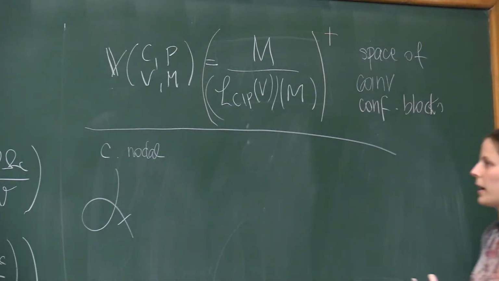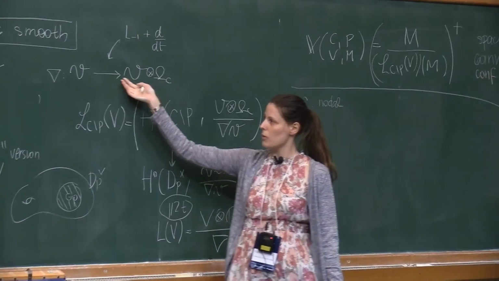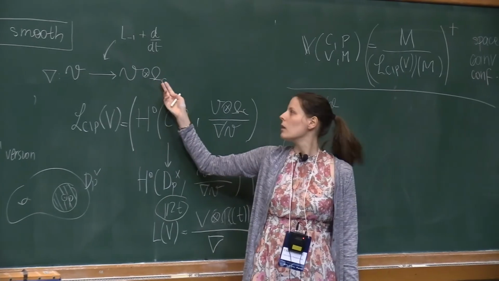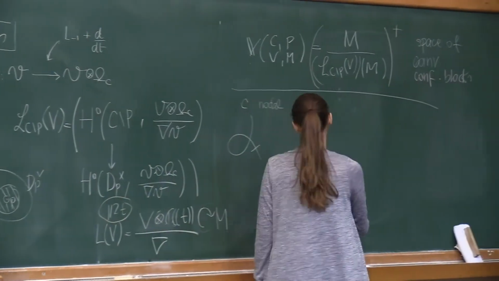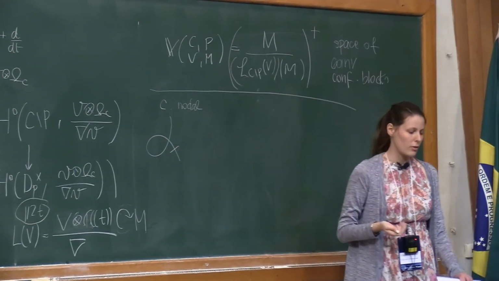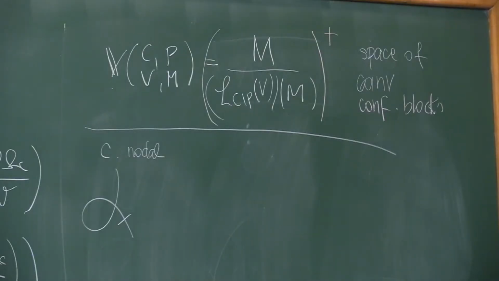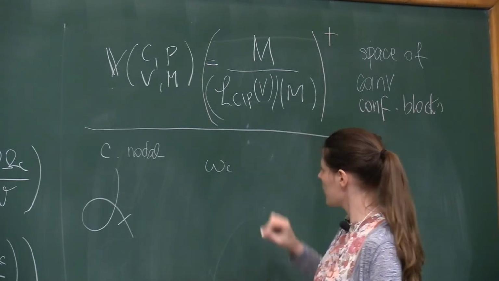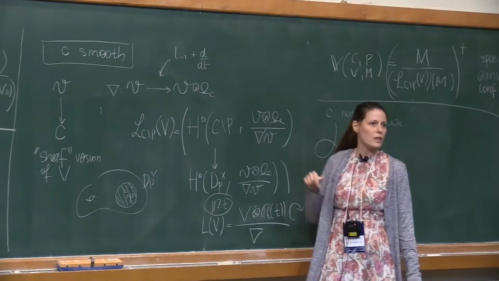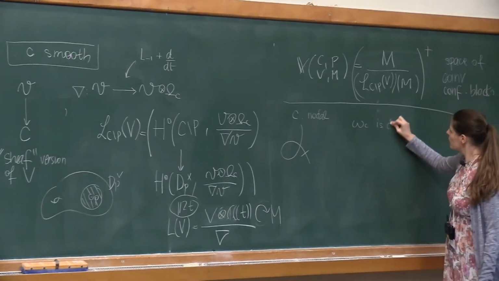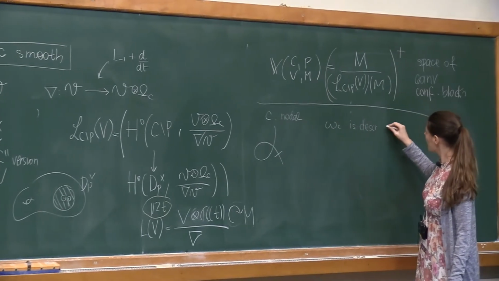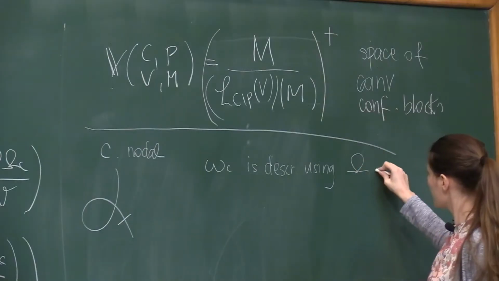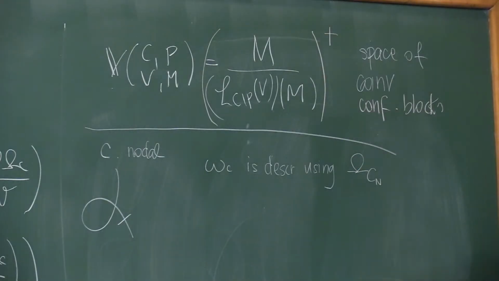Well, the idea is that let's stare at this formula for a second. So here we have differentials. So we know that the correct analog of the sheaf of differentials for nodal curves would be the dualizing sheaf. And this should be the analog of this, and this is described, or can be described, using appropriate differentials on the normalization.